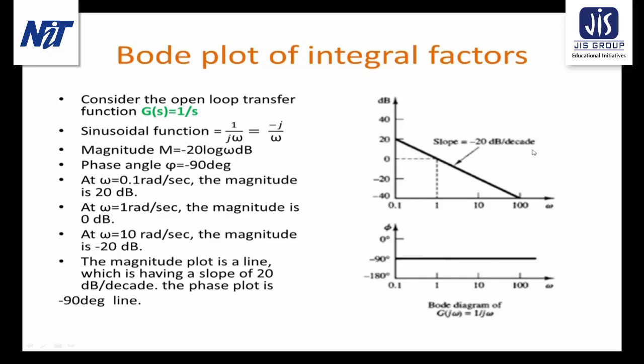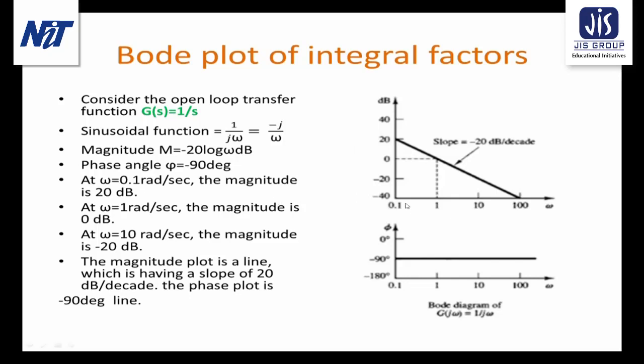And the range of frequency from any omega to 10 omega, that means a 10 times increase, which I have said in an earlier slide, is called a decade. So if omega is equal to 1, then the range from omega equal to 1 to omega equal to 10 is a decade. If we consider omega equal to 0.5, then the range of 0.5 to 0.5 into 10, that is 5, is a decade.